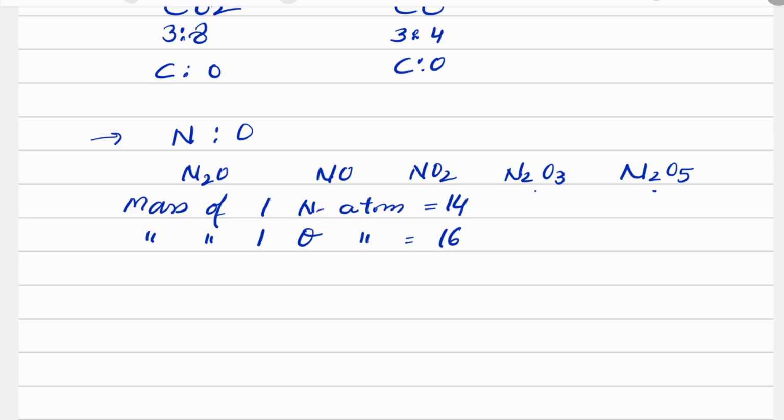Go take these and calculate the ratios. This is your homework. And please comment in the chat box also what are the different ratios of all these oxides of nitrogen.